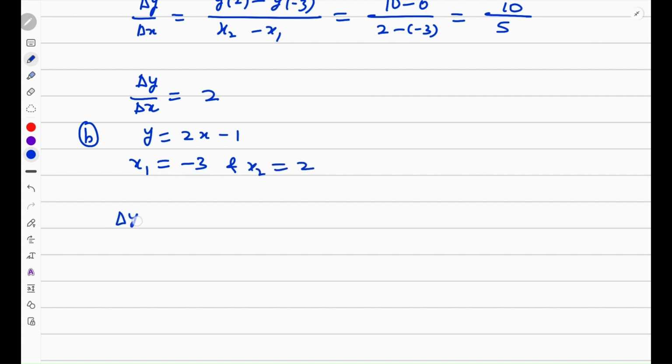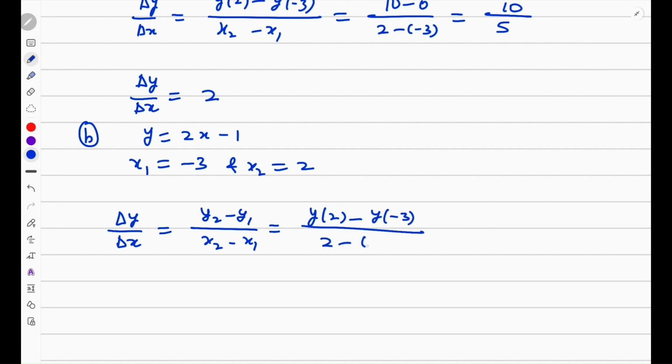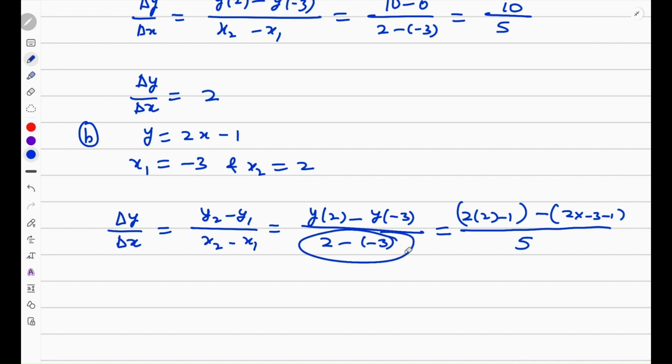So we can calculate the average rate of change, which is delta y over delta x, is y2 minus y1 over x2 minus x1, which is y at 2 minus y at minus 3 over 2 minus minus 3, which is 2 into 2 minus 1 minus 2 into minus 3 minus 1, over 5, because 2 minus minus 3 becomes 5.